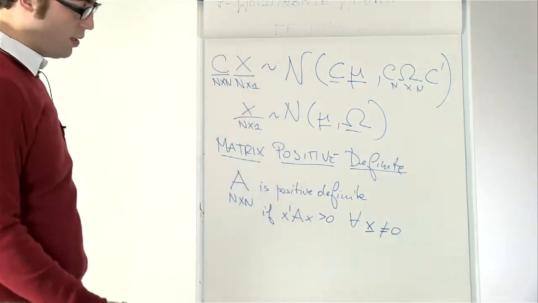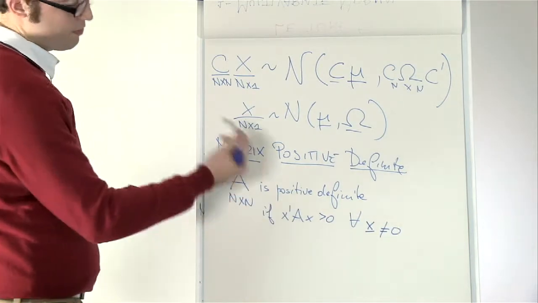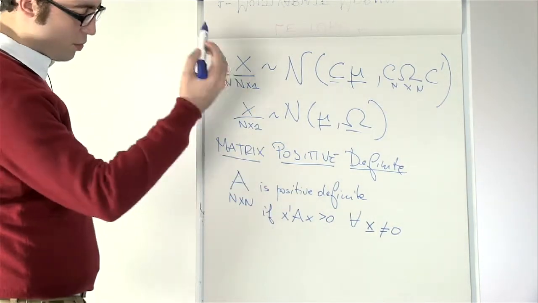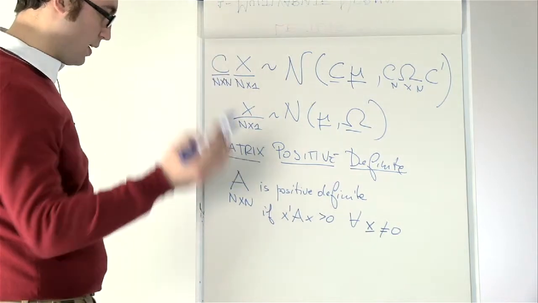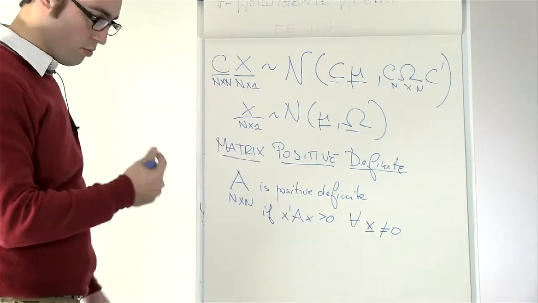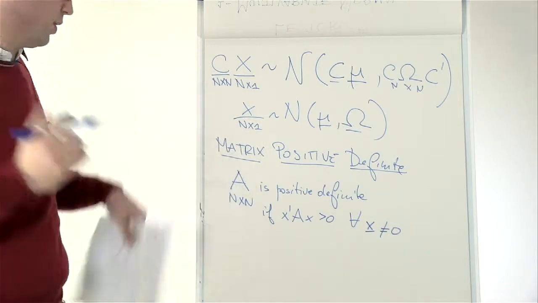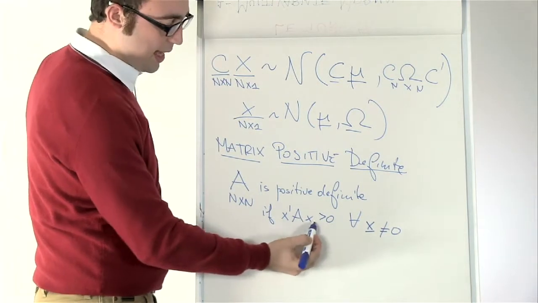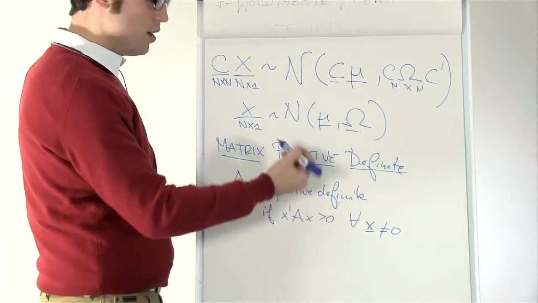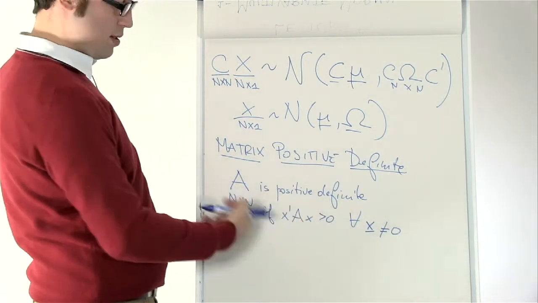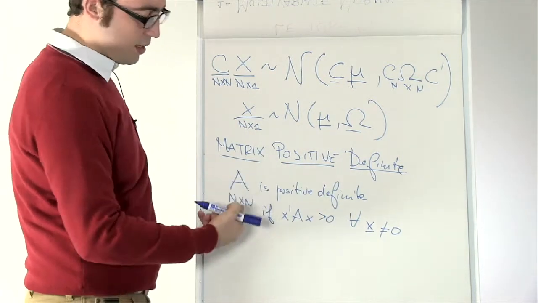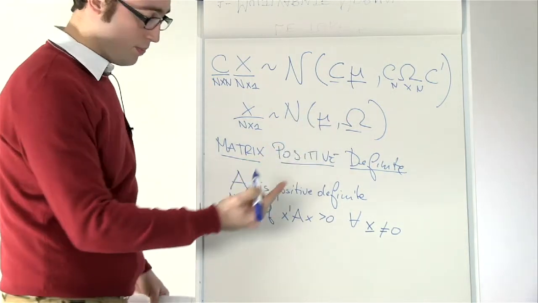Take a matrix A, then take a vector x, invent it, put inside the numbers that you want. At the end, you get something that is greater than 0. If this happens, then we say that A is positive definite.